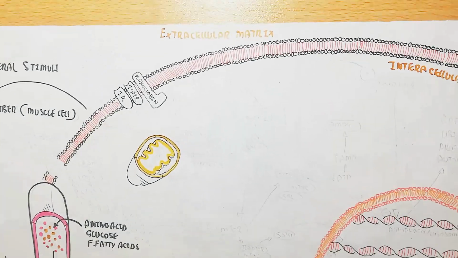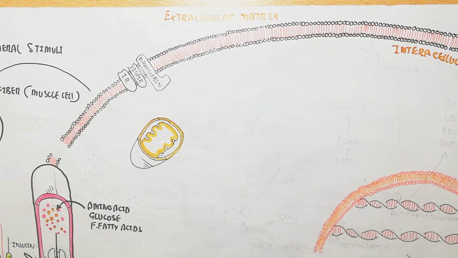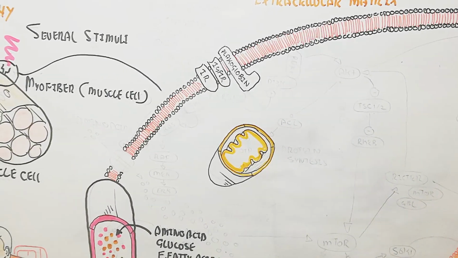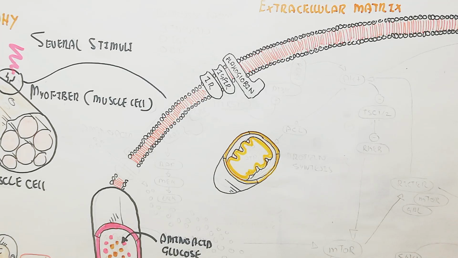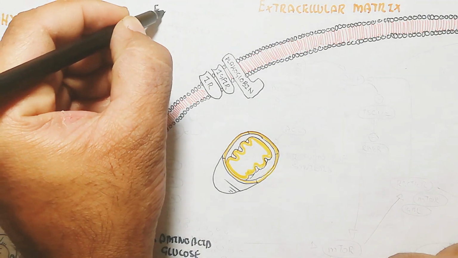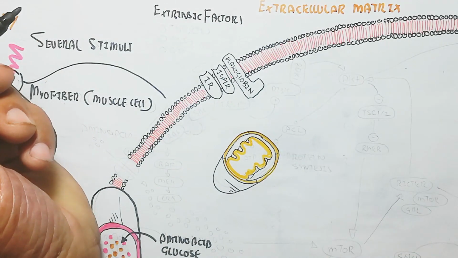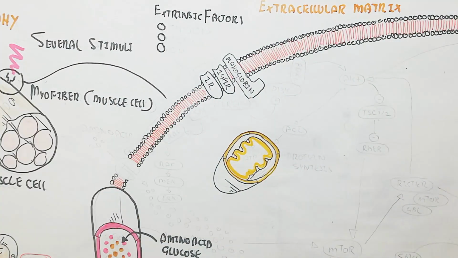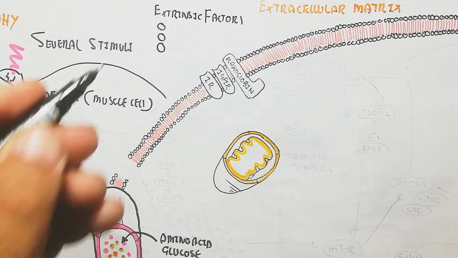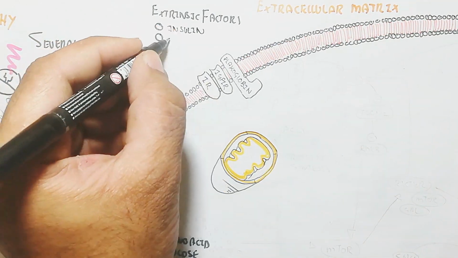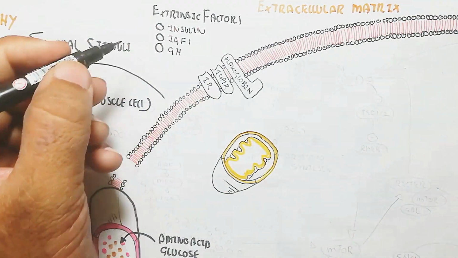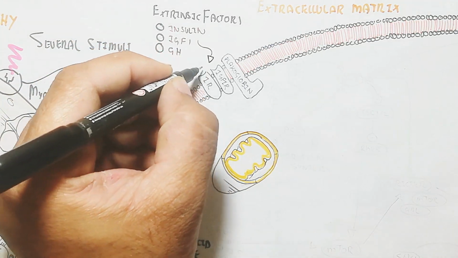Extrinsic factors and intrinsic factors work collectively, but in short, the extrinsic factors are insulin-like growth factor 1, triggered via fasting, and growth hormone, also triggered via fasting, while insulin is triggered during the fed state. So both fasting and the fed state collectively work for the development of the muscle.